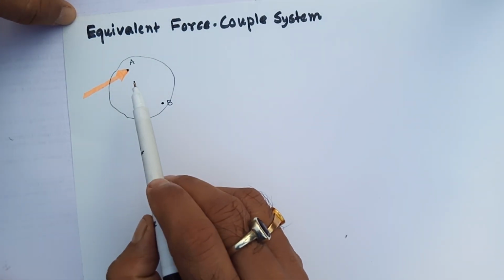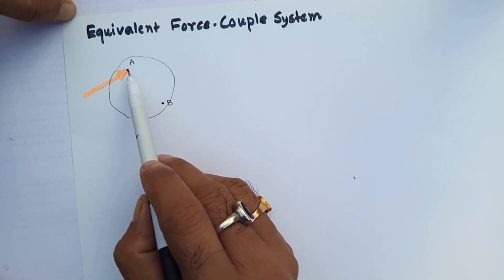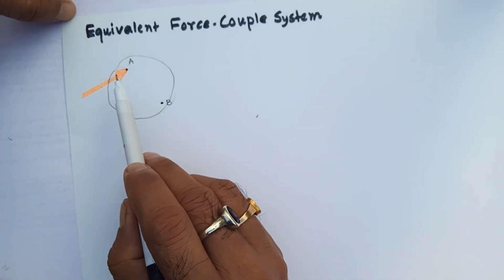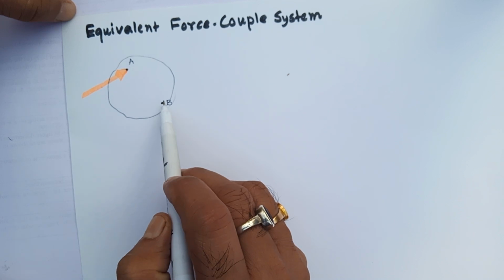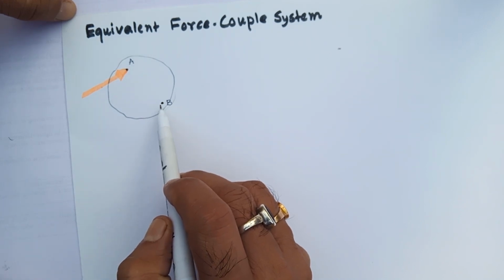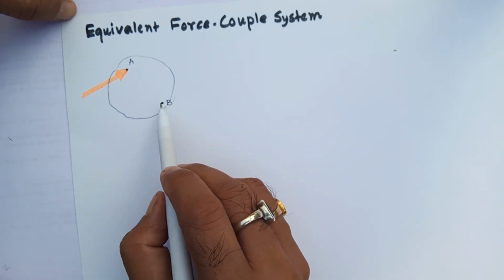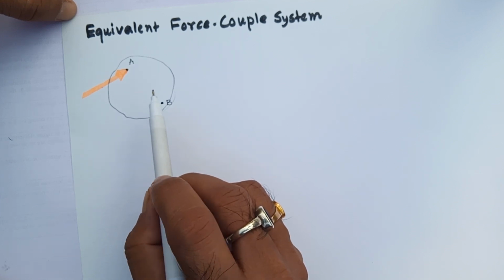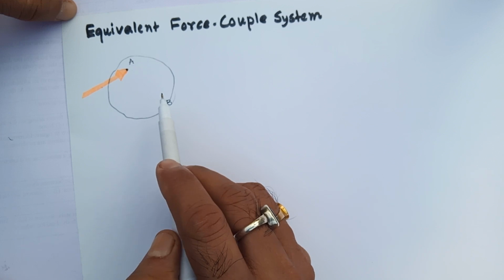That means if I want to transfer a force from a given point, so that is the given condition, and I want to transfer this from point A to point B, that is the desired or required condition, because point B may be a point of choice, maybe the center of mass or some point which may be convenient for analysis.